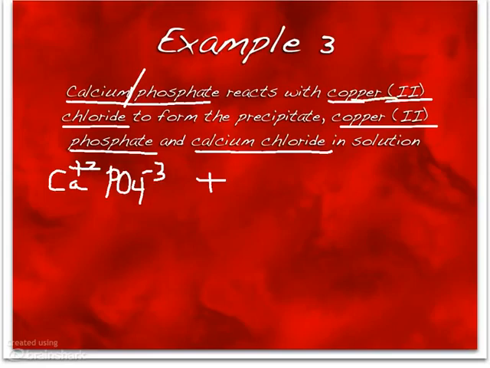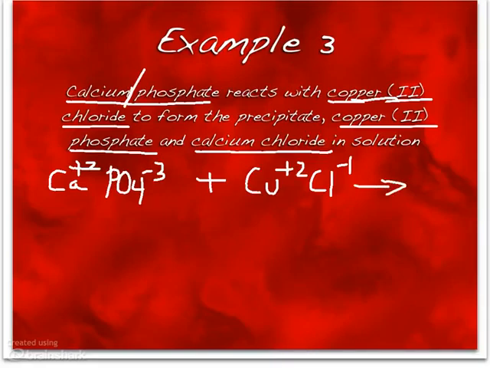Copper 2 is just regular Cu. Because it has a Roman numeral, that means it has a plus 2 charge. And then chloride is just regular chlorine, which is Cl. It's in group 17, which means it gains 1 electron, so it's a negative 1. That takes care of the first half.